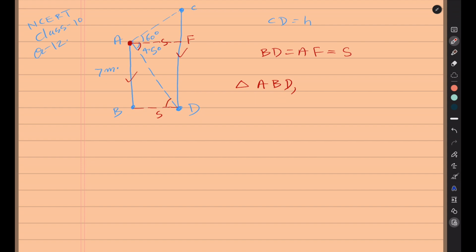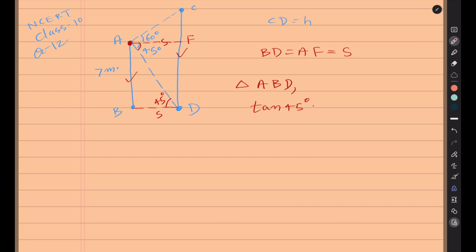So this will also be 45 degree, isn't it? This also has to be 45 degree due to some geometrical rules. So let us apply some trigonometrical ratio.